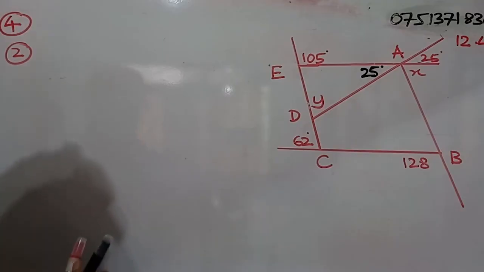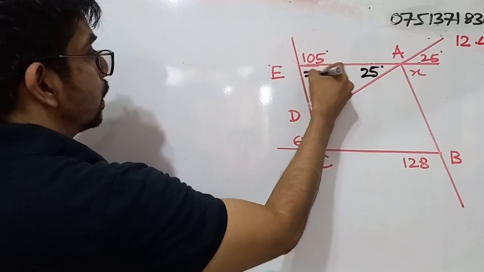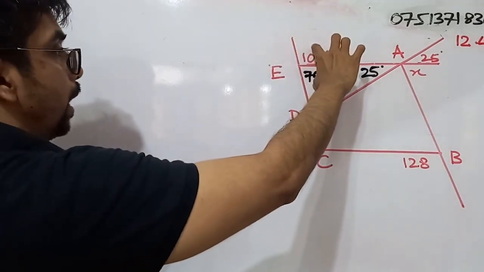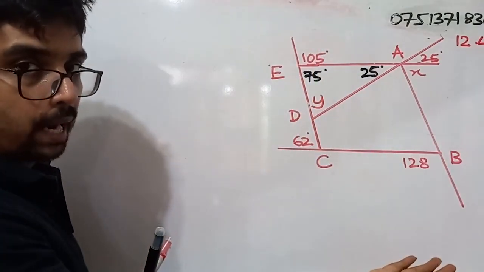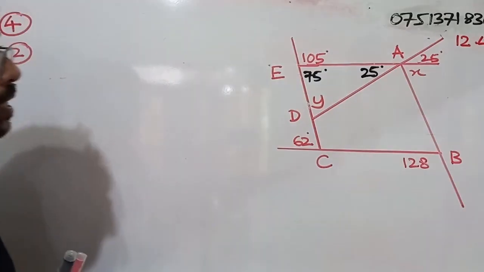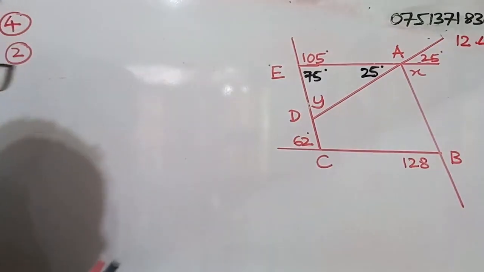Okay? In the same manner, if this is 105, this angle is what? 75 degrees. Right? If we add up these two angles, it should be equal to 180. So if this angle is 105, this angle is definitely 75 degrees. Then we can clearly calculate the magnitude of Y.